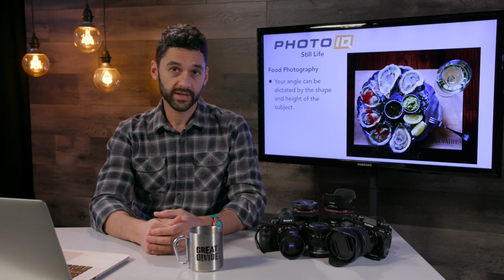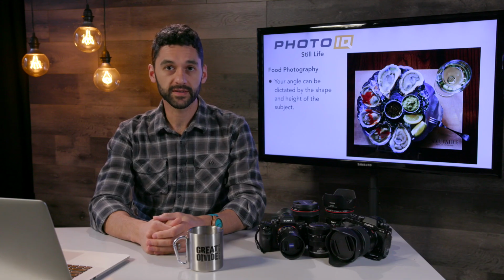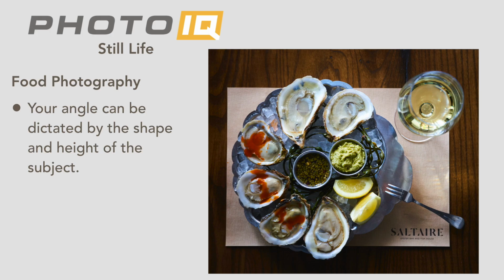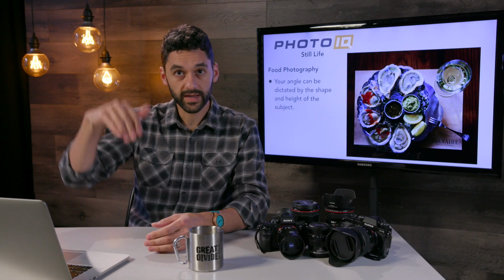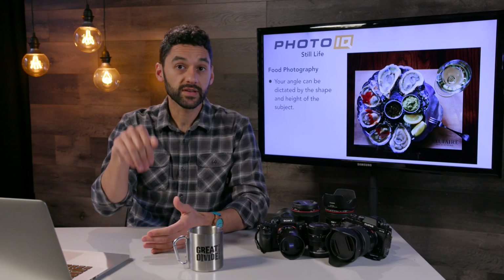So the angle that you choose for your photography is very important in the way that you make your subject look appealing. Some subjects don't lend themselves well to a low angle, a 3/4 angle, a high angle, or a top down.